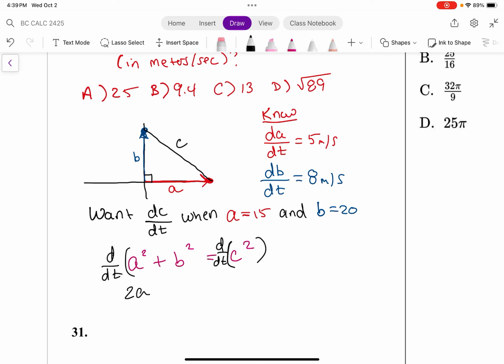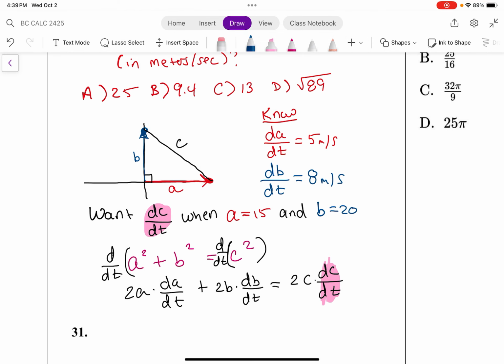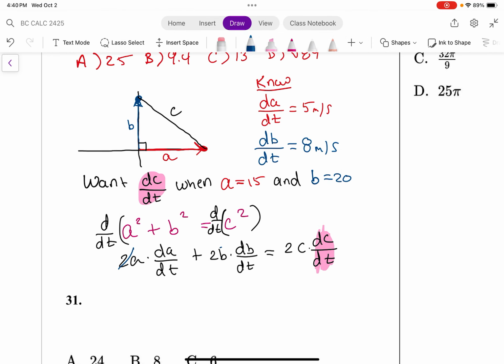So we get 2A times dA/dt plus 2B times dB/dt is equal to 2C times dC/dt. We do not expect this to turn into a number because that's what we're looking for, but everything else should turn into a number so that we can solve for that. You might divide everything by 2. If this is multiple choice, just do that.